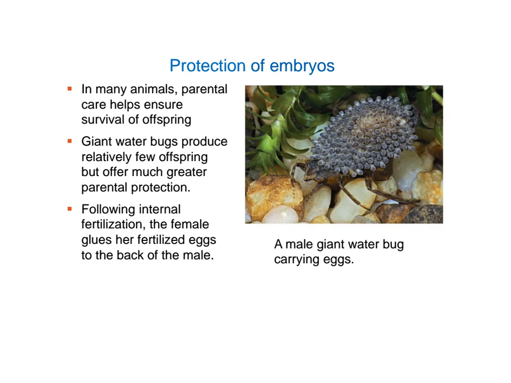Additionally, animals that do internal fertilization generally are more likely to give parental care. And parental care, of course, helps ensure the survival of offspring. Our example of parental care is kind of a cute one. This is a giant water bug. These produce relatively few offspring, but offer much greater parental protection. Following internal fertilization, the female glues her fertilized eggs to the back of a male.